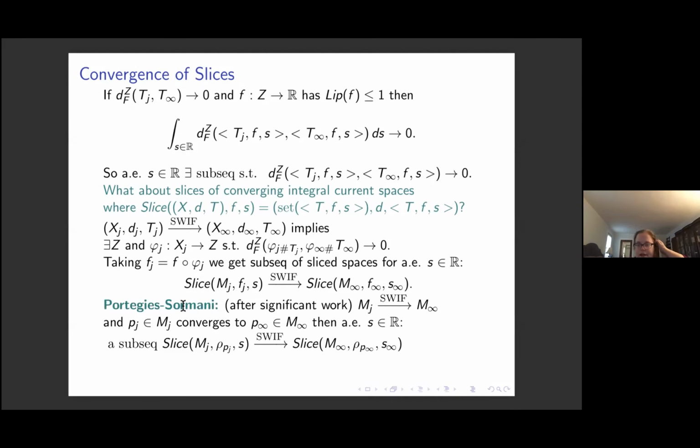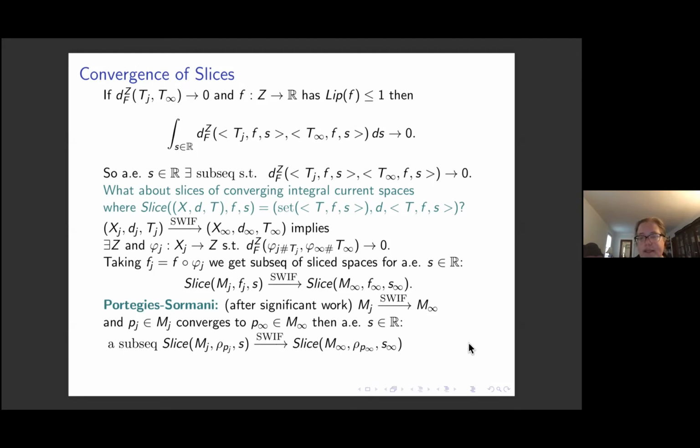So with Portegies, after significant work, we're able to prove that if PJs or MJ converge to P infinity and M infinity, then for almost every S and R, a subsequence of the slices where this is the distance function from PJ converges to the slices where this is the distance function from P infinity. We use this as a step in the proof, but then we also have to estimate what happens when your function is changing. Our functions are changing because distance from PJ and distance from P infinity are two different functions.